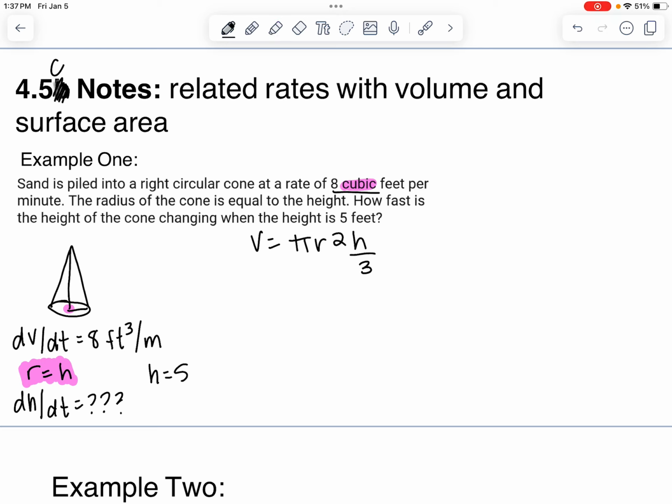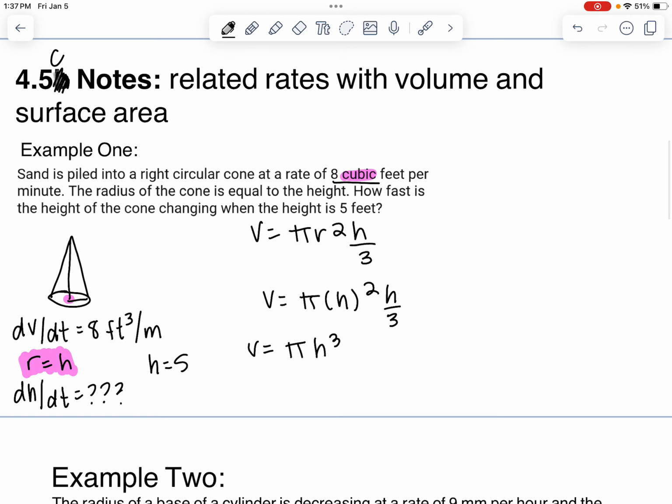At the end of the day, we're concerned with dh/dt, so h has to stay in this formula. But to make this problem easier, I can replace r with h, because they're the same thing. And then this would further simplify to pi, there's 3 h's now, pi h cubed all over 3. And now I have the volume formula, but just with respect to h.